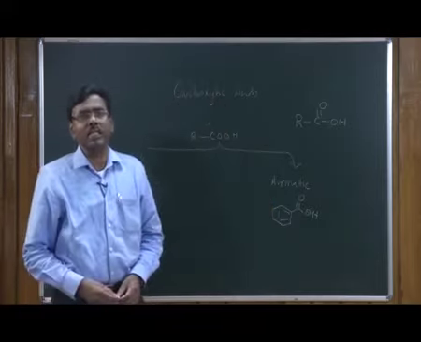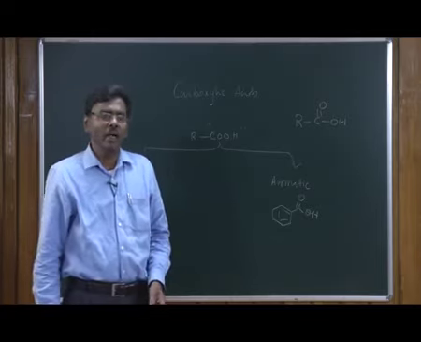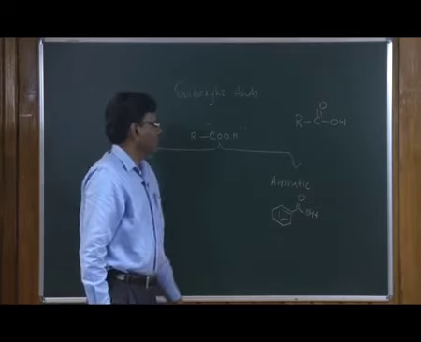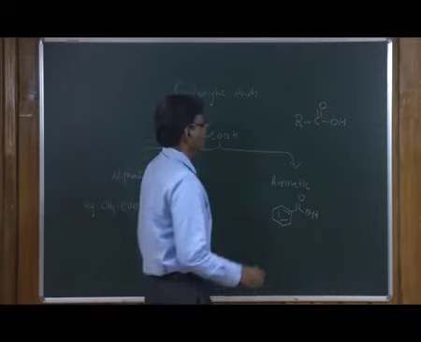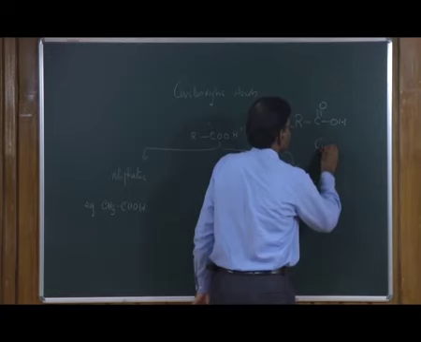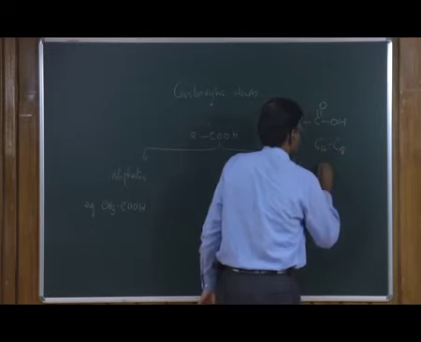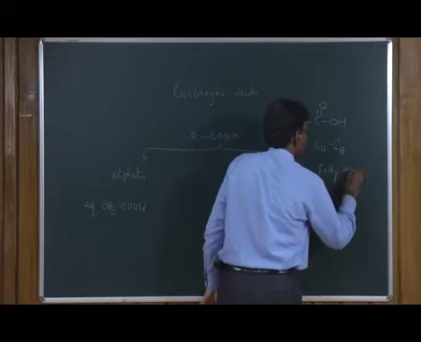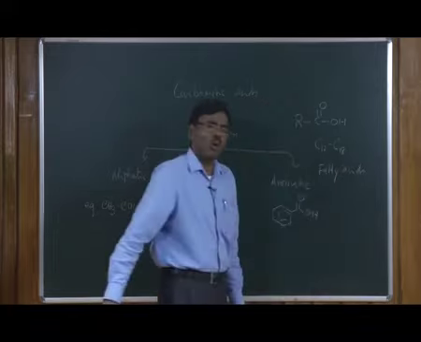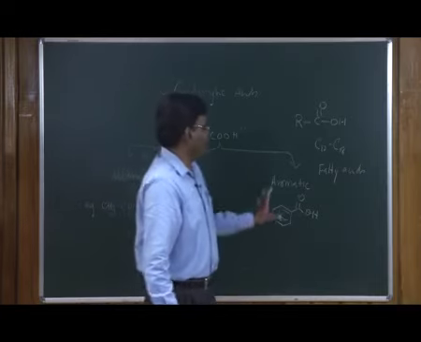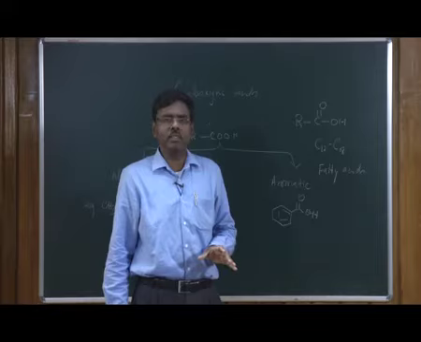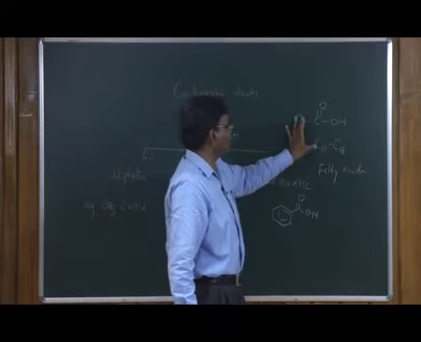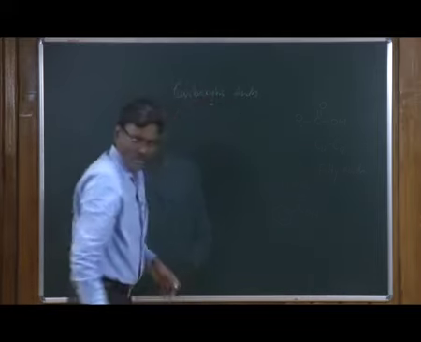Large numbers of carboxylic acids are abundant in nature, and carboxylic acids that contain C12 to C18 carbon atoms are called fatty acids. These are long chain carboxylic acids, and they are obtained by hydrolysis of animal fats and oils. Therefore, they are called fatty acids.